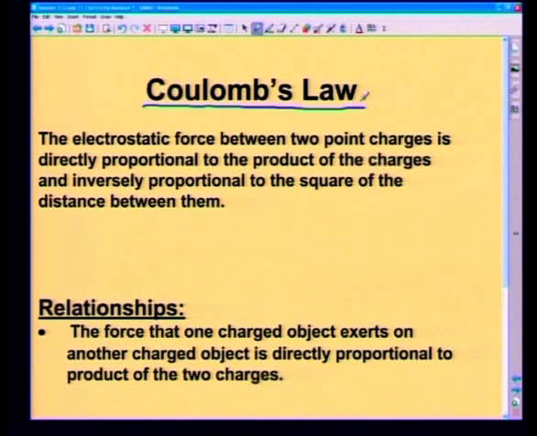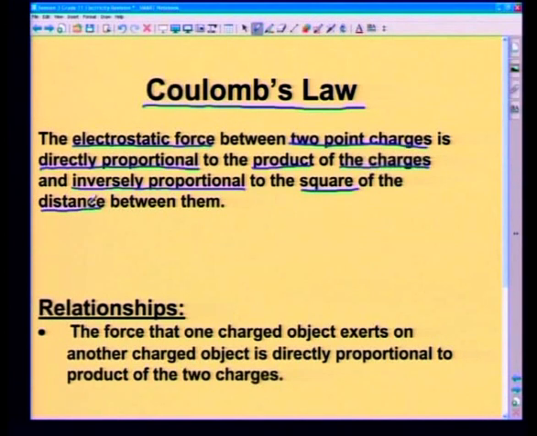Coulomb's law. Let's state it. The law says the electrostatic force between any two point charges is directly proportional, now we're talking relationships here, directly proportional to the product of the charges. And again, the same electrostatic force between the two charges is inversely proportional to the square of the distance between them.